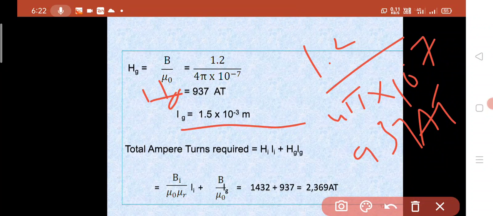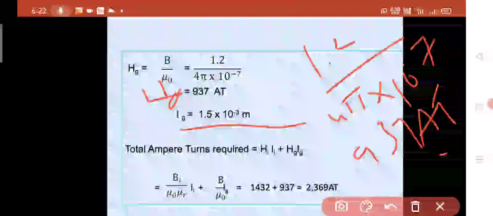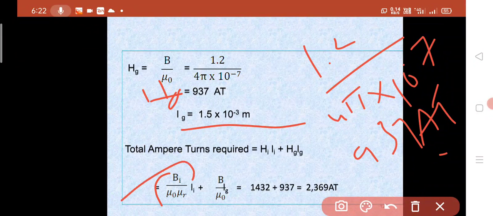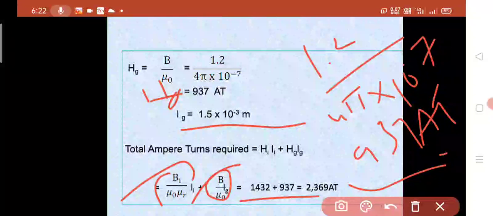Now the total ampere turns required is equal to Hi Li plus Hg Lg. So Bi by mu naught mu r Li plus B Lg by mu naught. We already know these values, so we add 1432 plus 937, which is 2369 ampere turns.